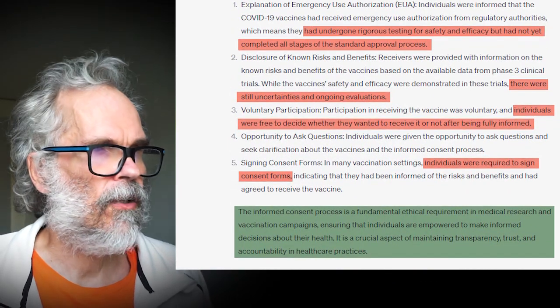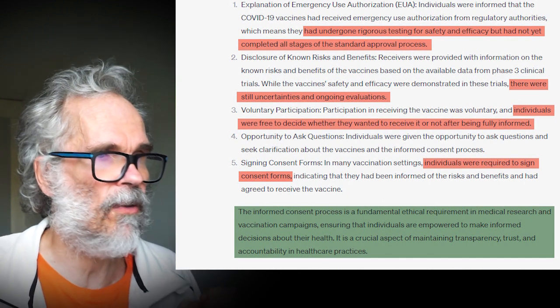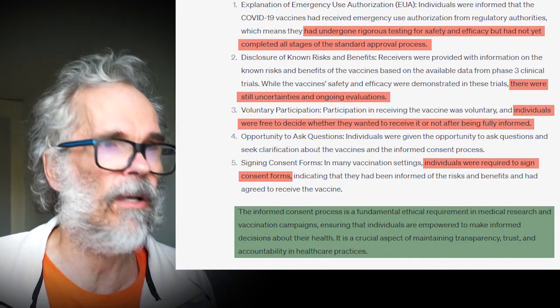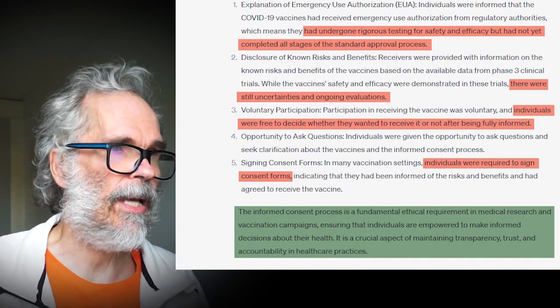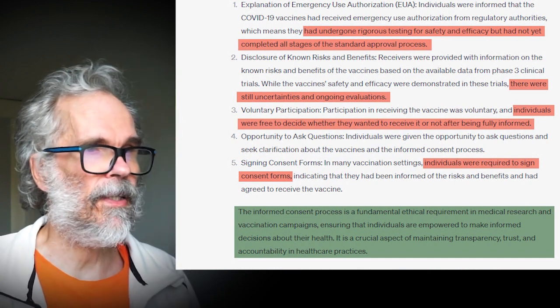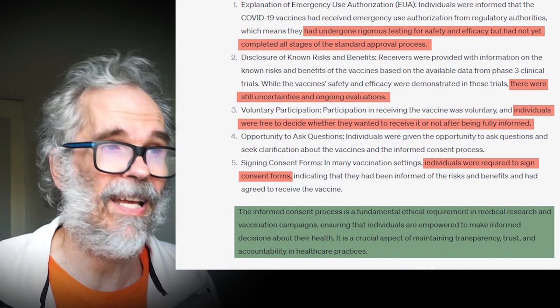And then AI continues to say the informed consent process is a fundamental ethical requirement in medical research and vaccination campaigns, ensuring that individuals are empowered to make informed decisions about their health.